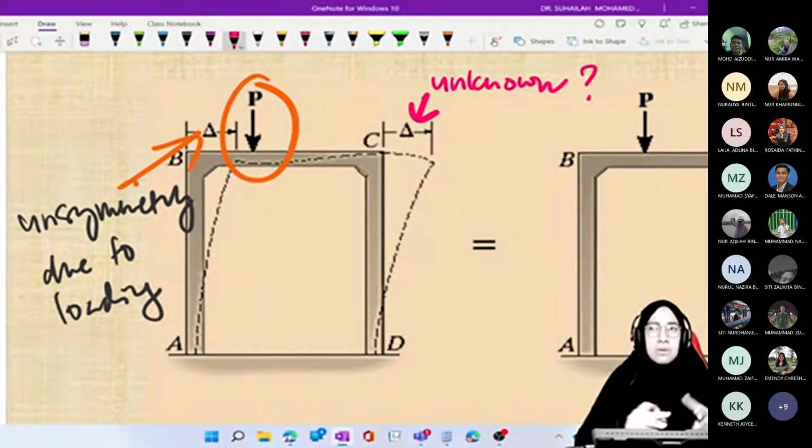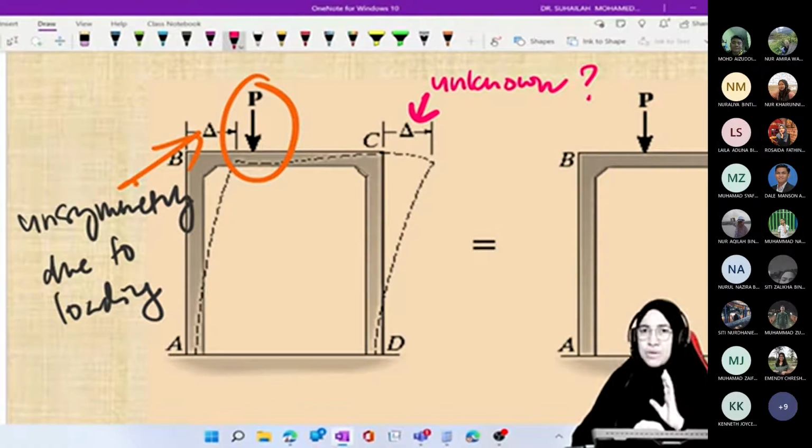Basically, a beam with support settlement is a direct process. We can get the moment directly, but we cannot analyze the frame the same way, because in frame with sidesway analysis, P of course will be given. External loading is always given in the question, but the delta in a frame is always unknown, and we don't need to calculate the delta value.